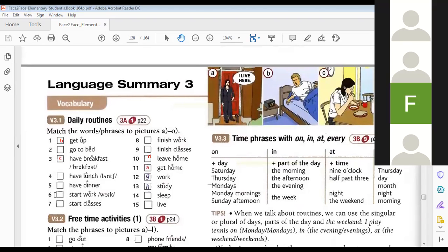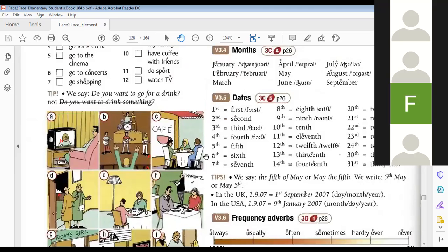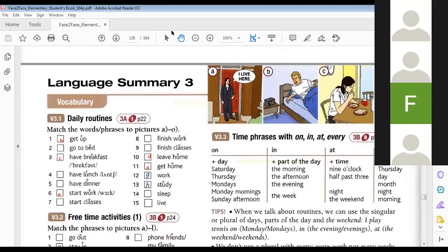So E is start work. What about F? What's this? Start class, maybe. Okay, let's choose start class for F.